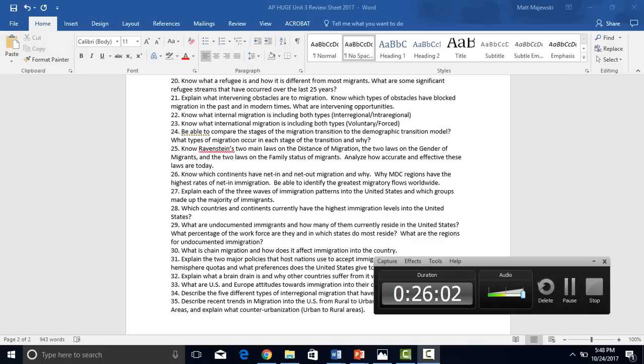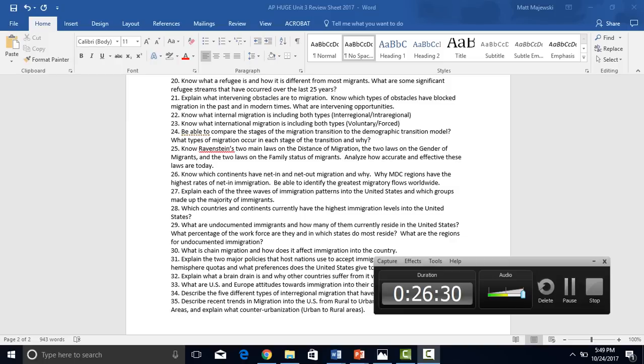And then the two laws on the family status of migrants. The general rule here is that migrants generally do not bring children. They tend to come as young individuals or couples, and then they have children in the target destination. This too is not as accurate as it once was, because we're seeing more children migrate in modern times than ever before.